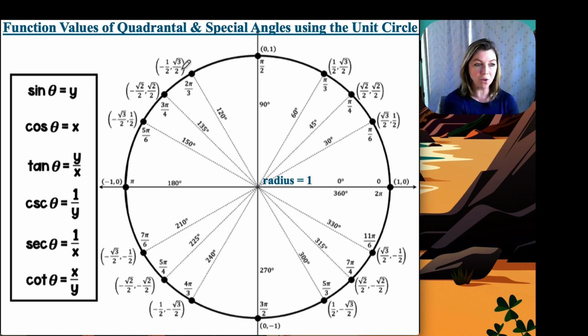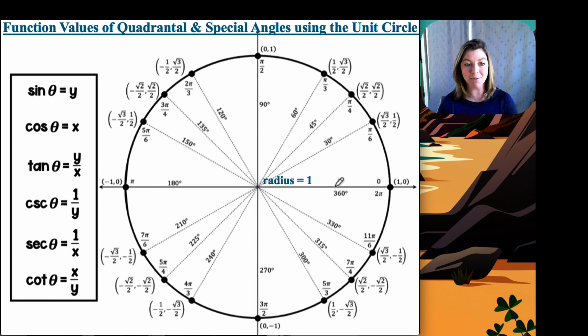continue around the unit circle, we have cosine and sine values for 120, 135, 150, adding this quadrantal angle of 180, 225, 240, quadrantal angle of 270, followed by 300, 315, 360, and back to our quadrantal angle of 0 or 360 degrees.